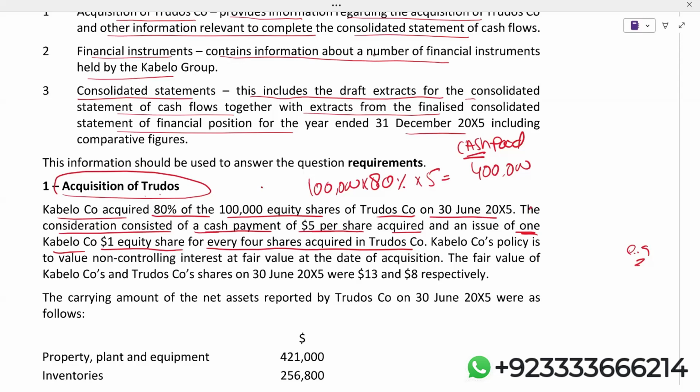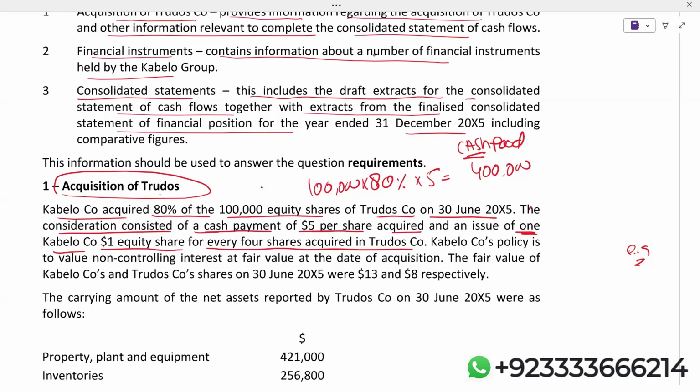The parent has acquired a subsidiary, partly paying cash and partly paying consideration in the form of issuing shares. The parent is getting control of a subsidiary by issuing shares. Now, listen, students. When you issue shares and acquire a subsidiary, we consider that a non-cash transaction.